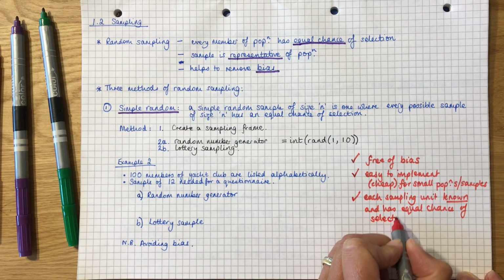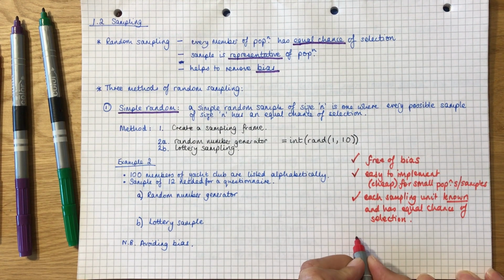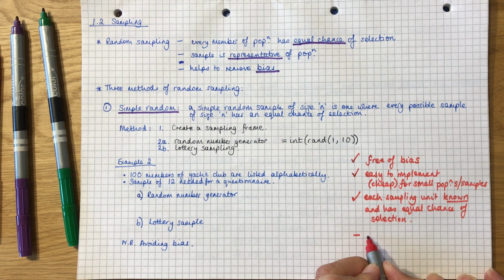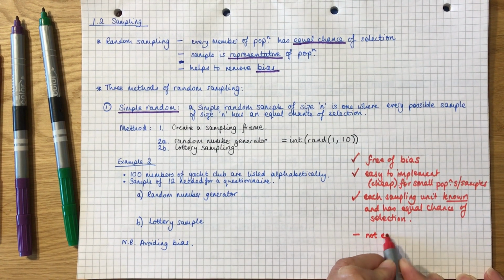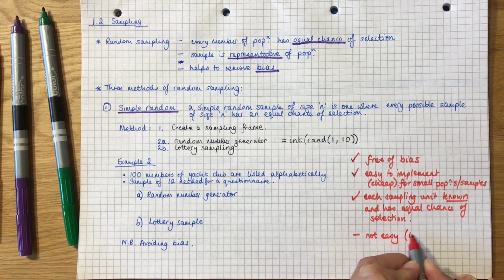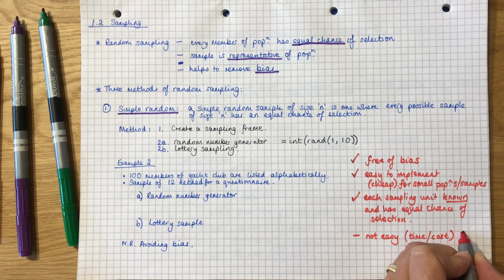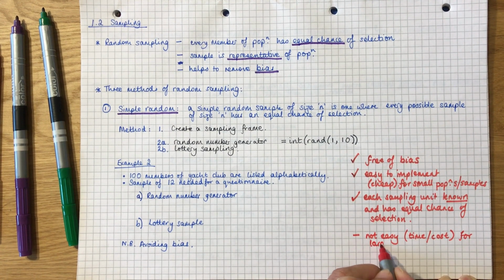But there are some disadvantages to it. If your population size or the sample size is large, then this can be really time consuming, potentially expensive. So let's say not easy. Let's think about time and cost for large populations and large samples.